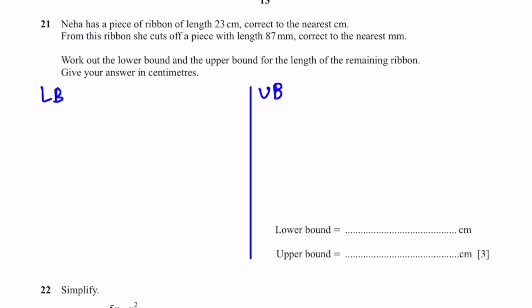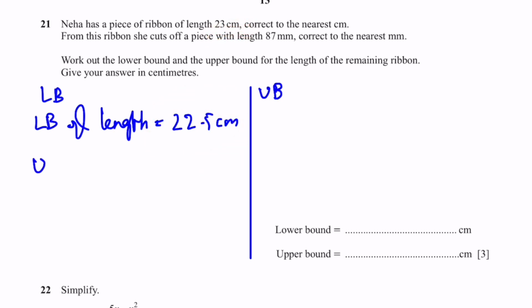Lower bound means the least possible length of ribbon and the most possible length cut off. So LB, the lower bound of length, is equal to the lower bound of 23, which is 22.5 centimeters, because this is the lowest number that can round to this number. And now the upper bound of 87 millimeters is equal to 87.5 millimeters.